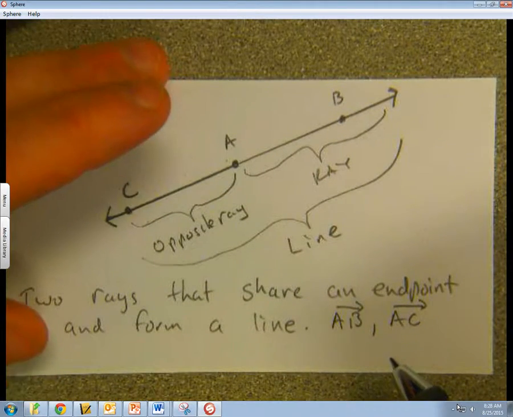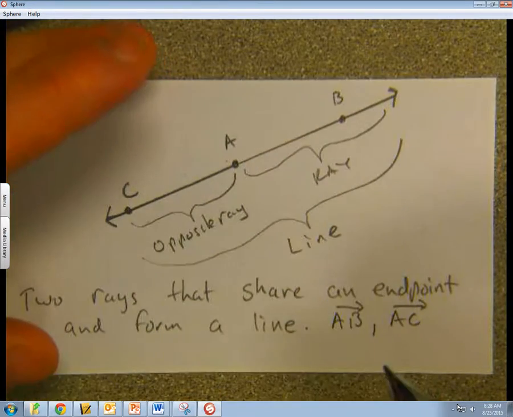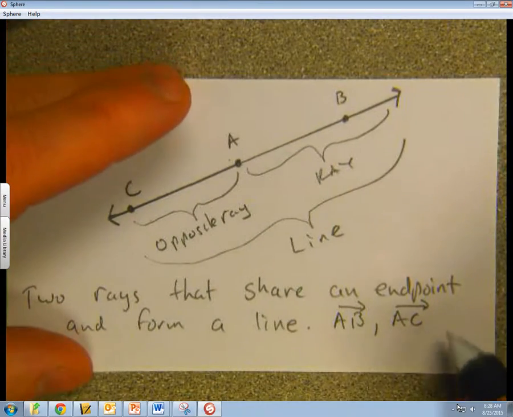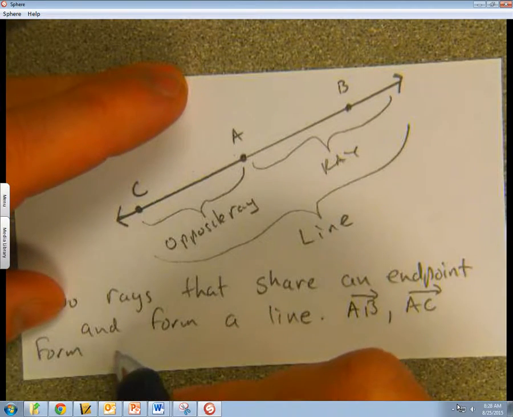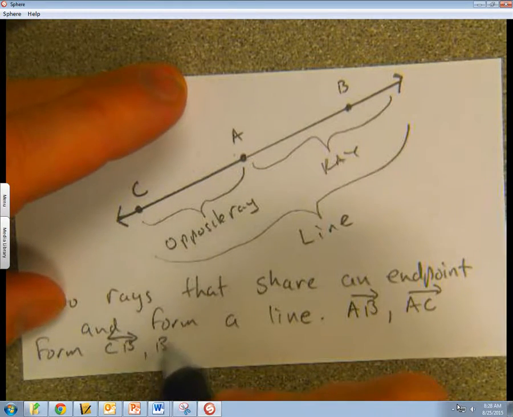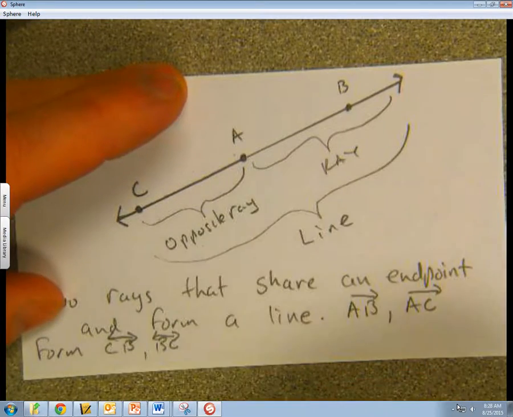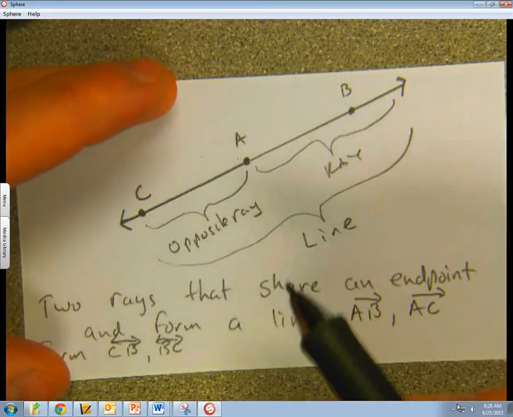They form a line, so the line would then be, so they form line CB or BC, either way. And you could also call this, actually you could call it CA if you wanted to, or AC, or a whole bunch of other variables.